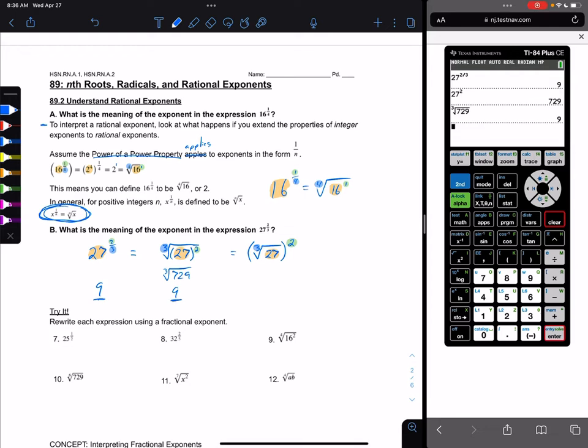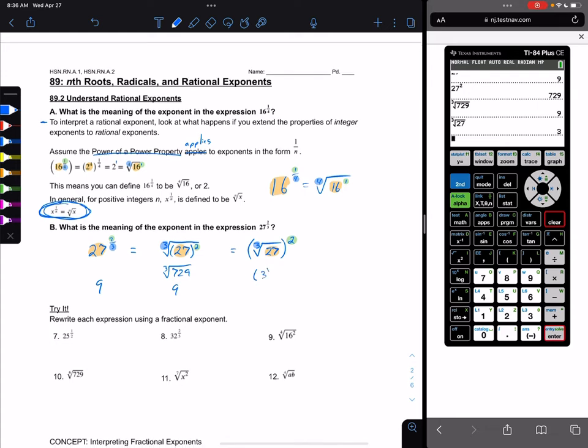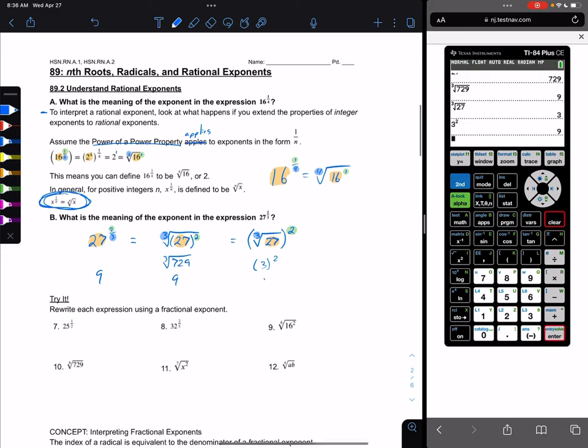So I can use either one of them. And if I do the third way, you can do the cube root of 27 to start, which comes out to be 3, and then 3 squared, which we should know is 9. So it all works out to be the same.